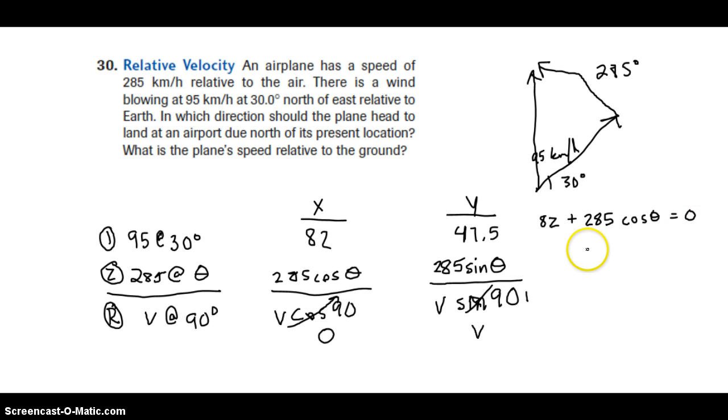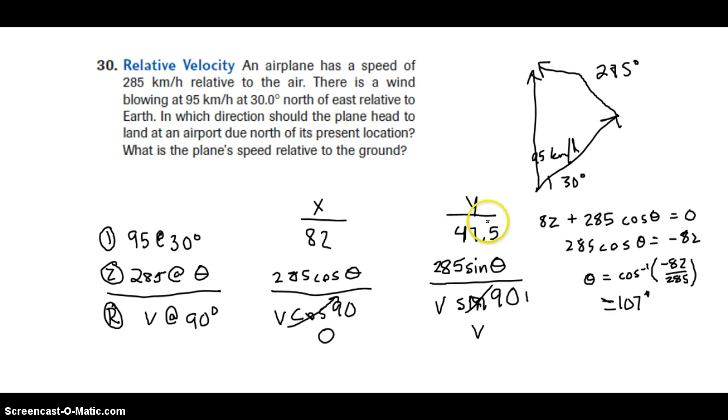If I move 82 to the other side, I get 285 cosine theta equals negative 82. Divide both sides by 285, and I get that theta equals the inverse cosine of negative 82 over 285. Just put that in your calculator, and you should get 107 degrees for theta.